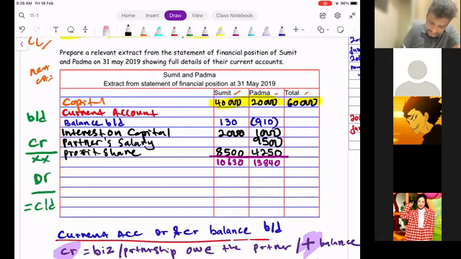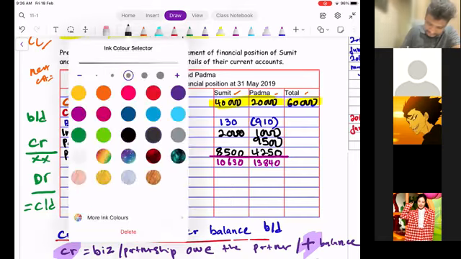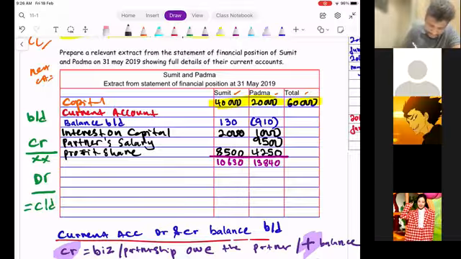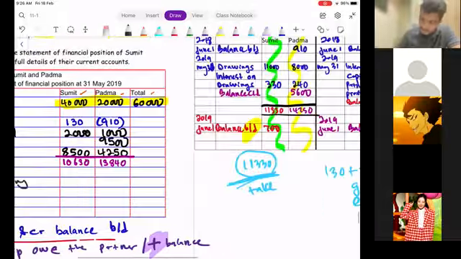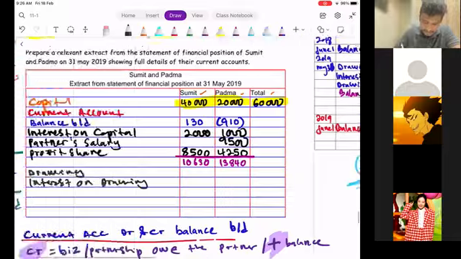Then we have drawings and interest on drawings, the debit one. Drawings and interest on drawing. So how much the drawing? 11,000, 8,000.